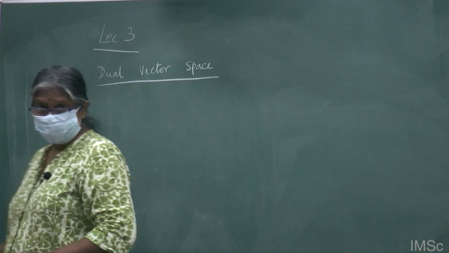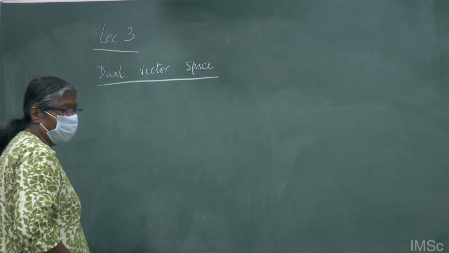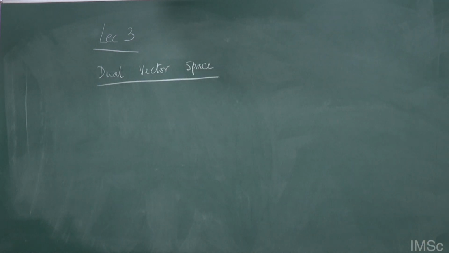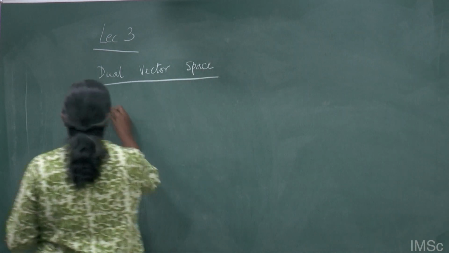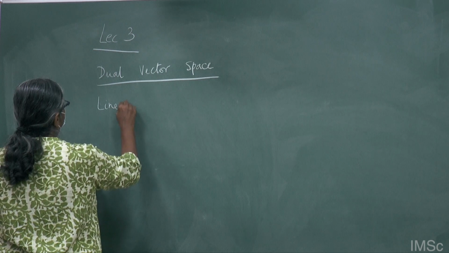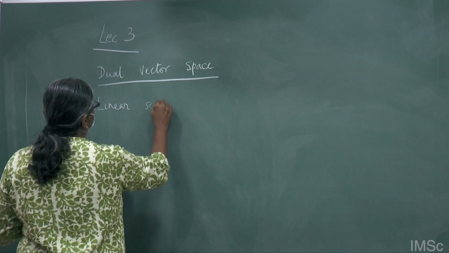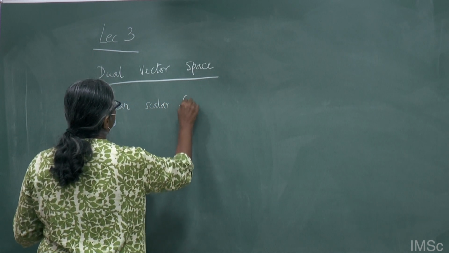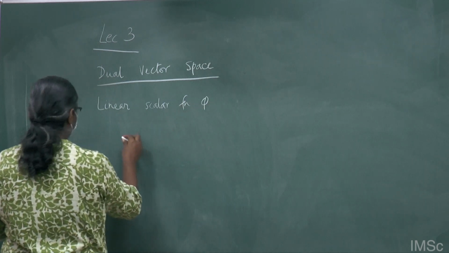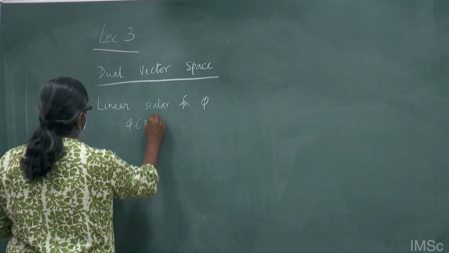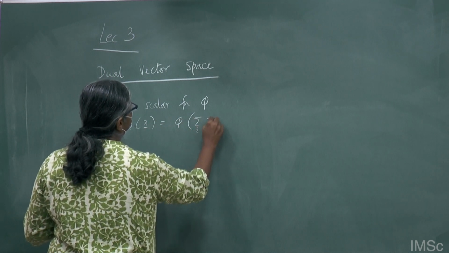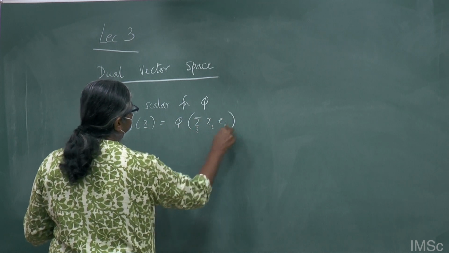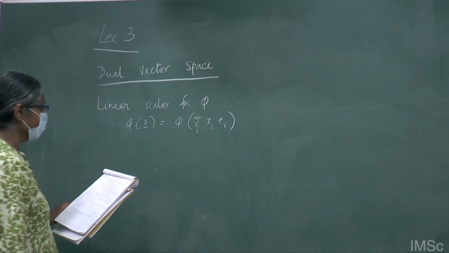Okay, fine. So if you remember what we had defined two classes earlier, maybe I will just give those definitions again. We had defined a linear scalar function phi. And how had we defined phi? We had defined phi of x, and of course x is written in terms of the basis vectors with components xi along each of the basis vectors ei.